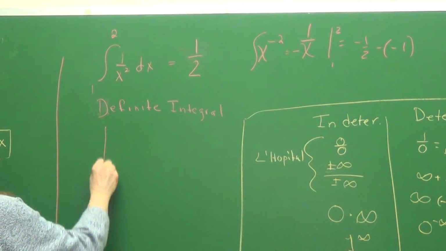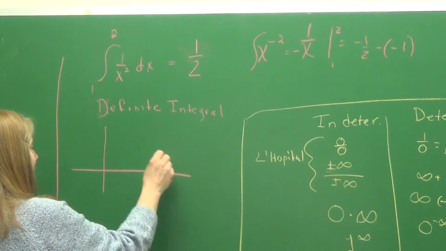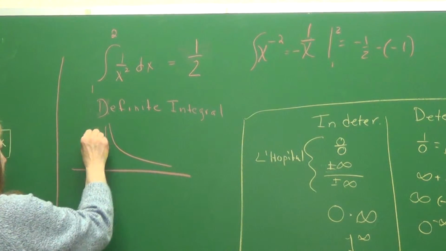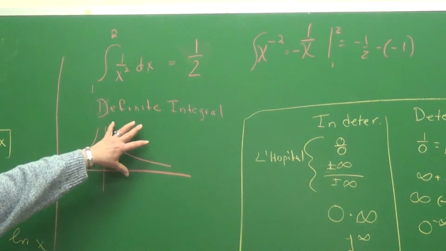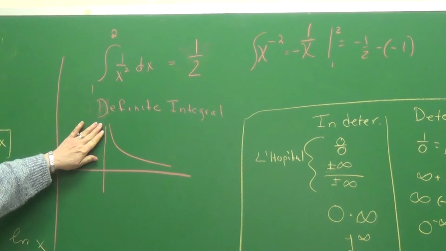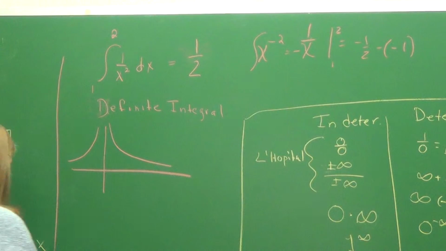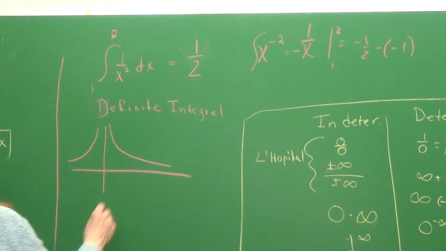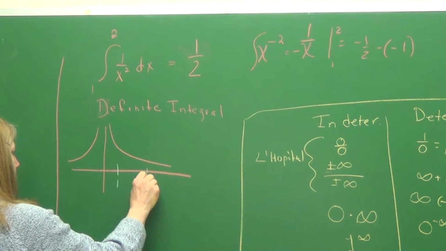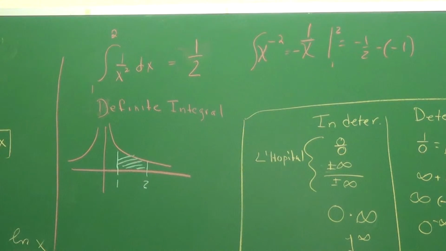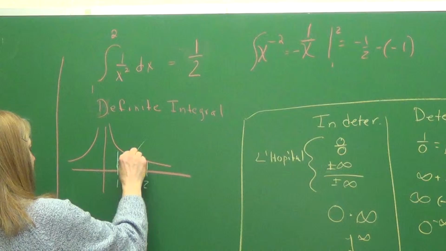I would like to show you what that means. 1/x² might look like this. I know it looks like that over here, but we're not really interested in this side because we're looking at the area under this curve between 1 and 2. So let me switch colors here, 1 and 2. It makes sense that that area is 1/2.